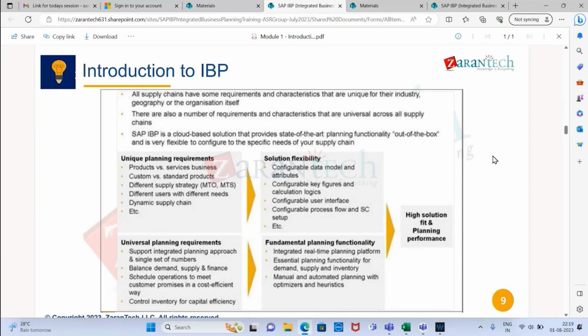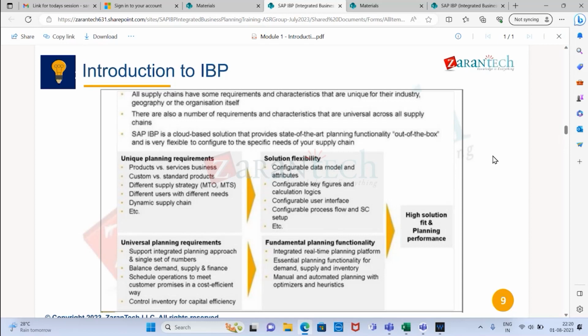Okay. So next, we spoke about the unique planning process. Now we go on to the universal planning process. So basically, the universal planning process is a very standard process which is used by most organizations. There are quite standard practices which are followed.